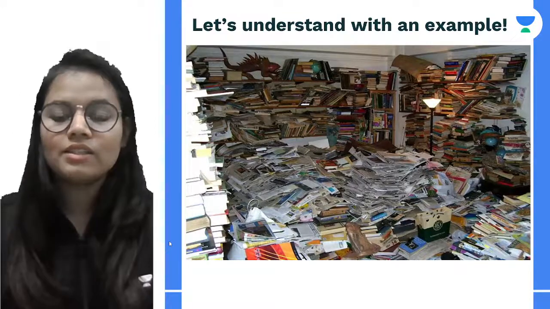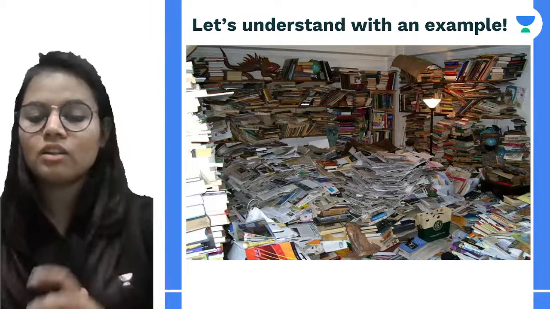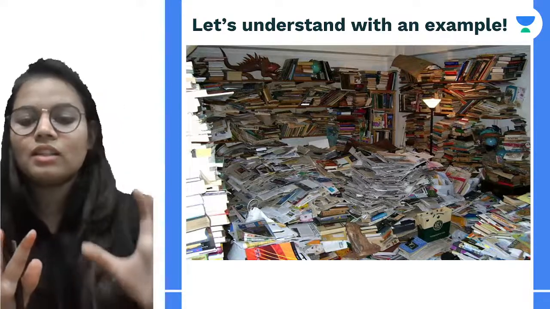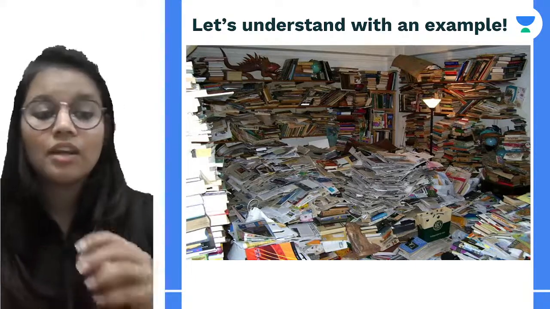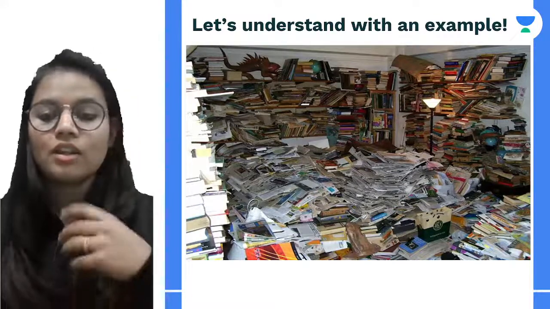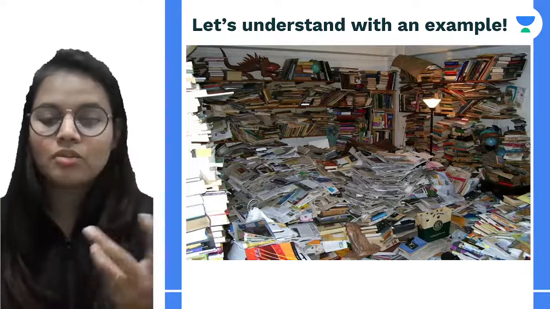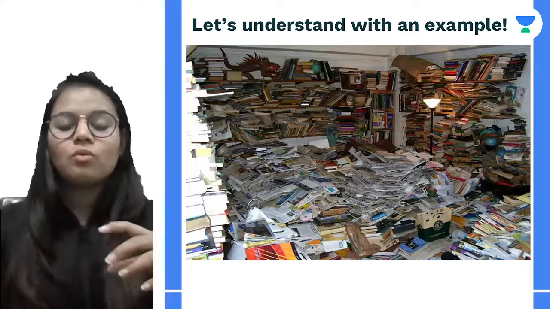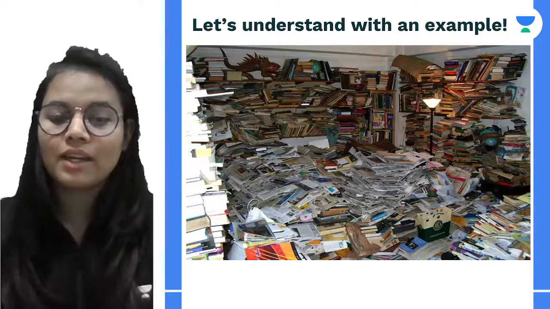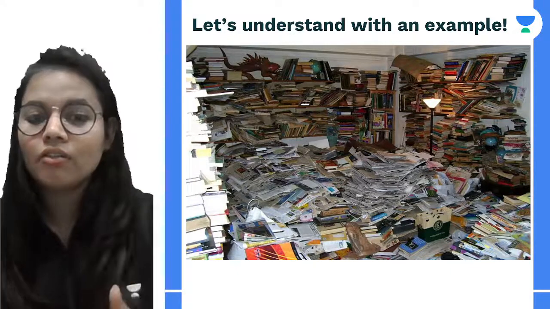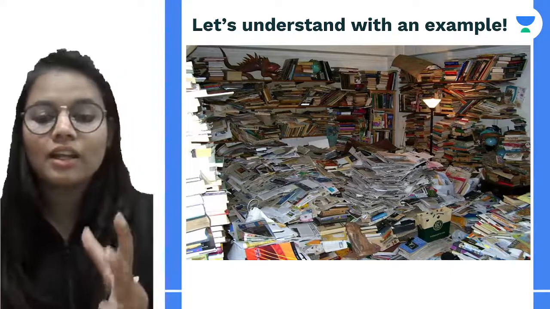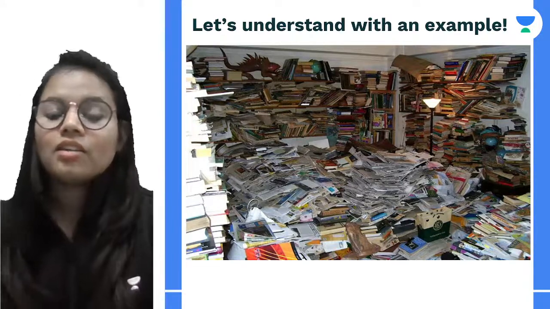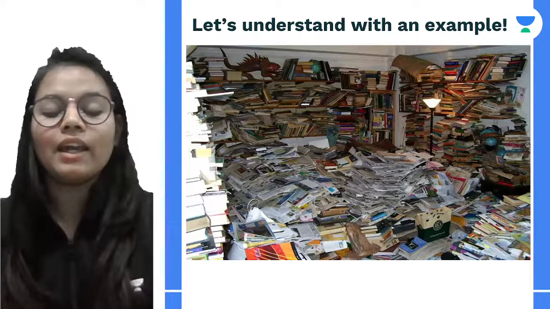Let us understand this through an example. If this is how a certain library looks, and you get an order to pick out a particular book from this lot, how will your experience be? I guess it would be very tough, very difficult to search for a book from this lot. The same thing happened with elements.